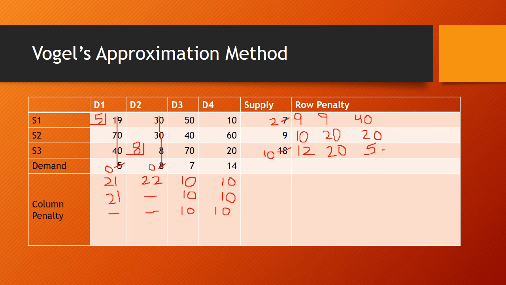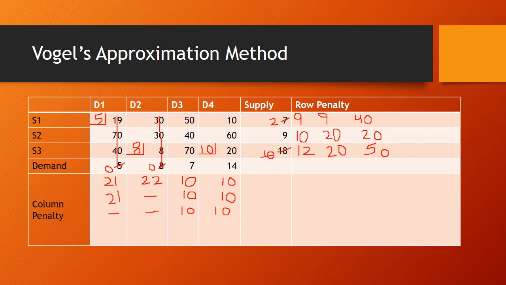Okay, so 50. Now among these you can see 50 is the highest penalty, and in the row containing 50 as the highest penalty, which was the row S3, this has the least cost. If you see, supply 10 is here and the demand is 14, so we can fulfill only 10 demand, so we will write this.